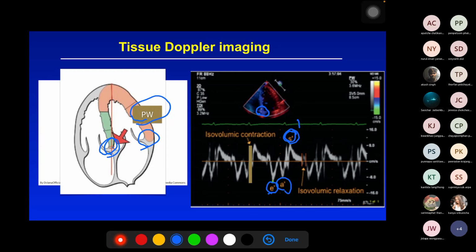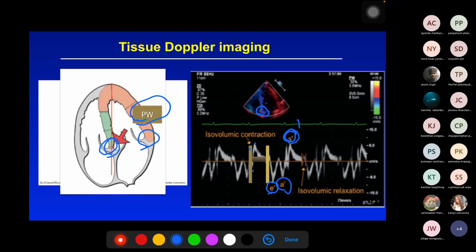So the IVCT starts from the end of the A wave to just before the start of the S wave. This is the IVCT, and the duration of the S wave is the systolic phase.